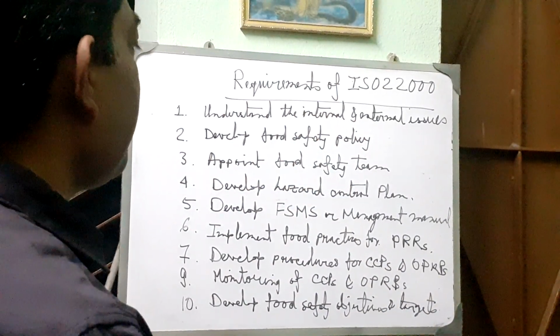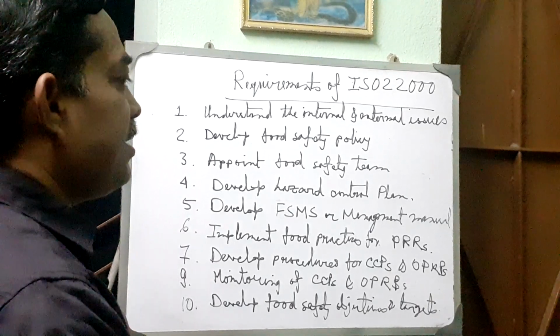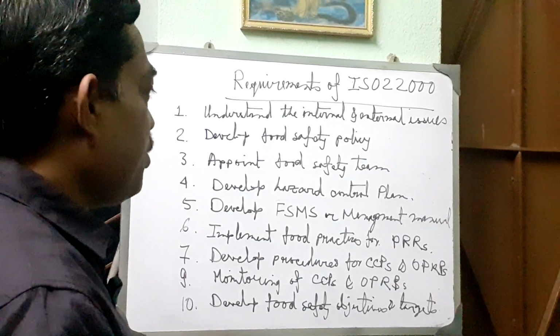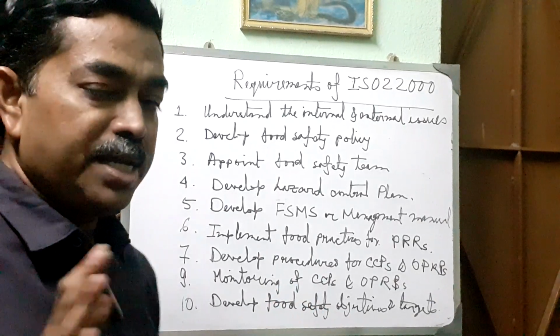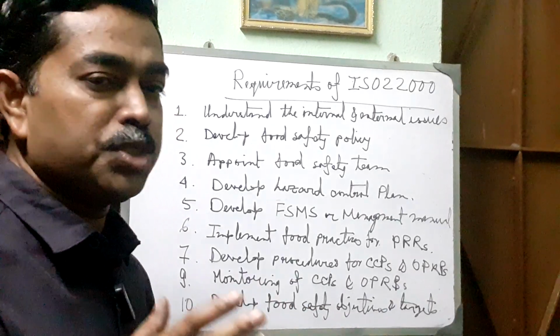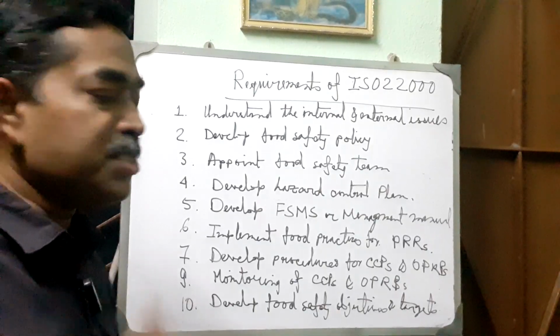Understand the internal and external issues and relevant parties of the food safety. You have to decide this under internal and external parties like consumers, customers, or external suppliers.